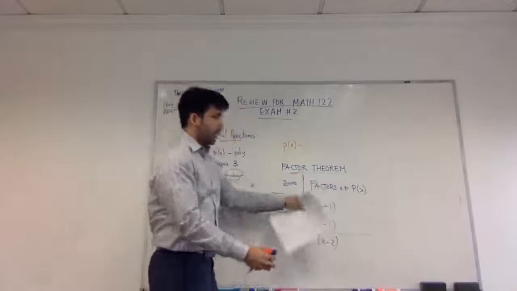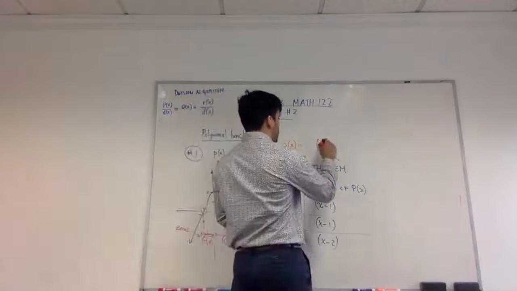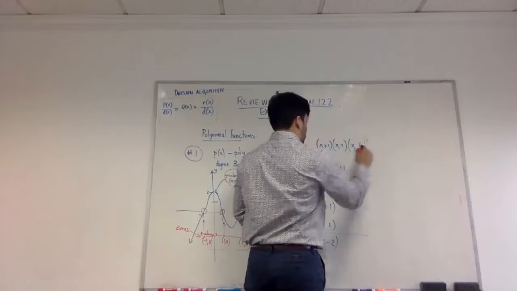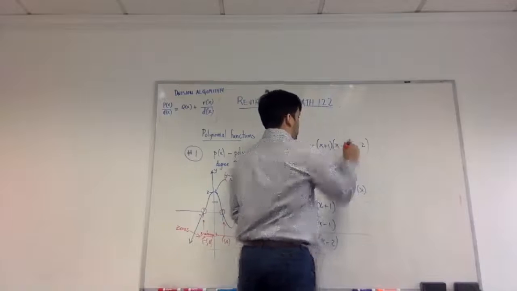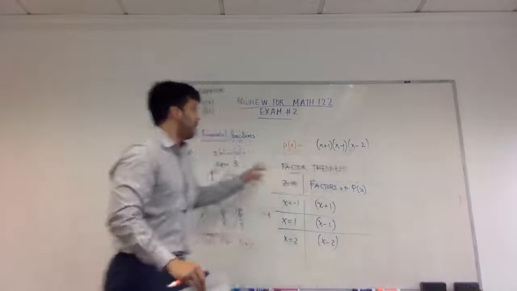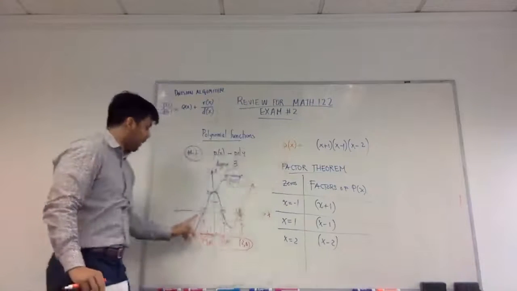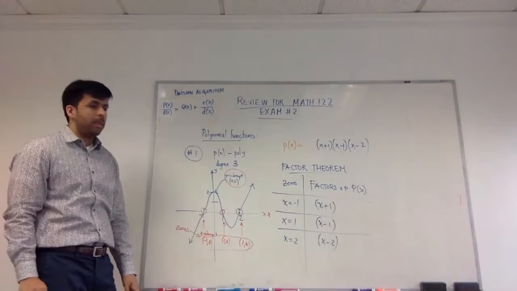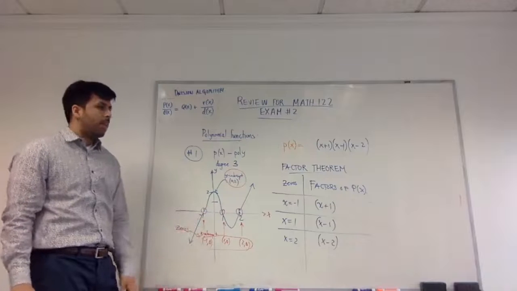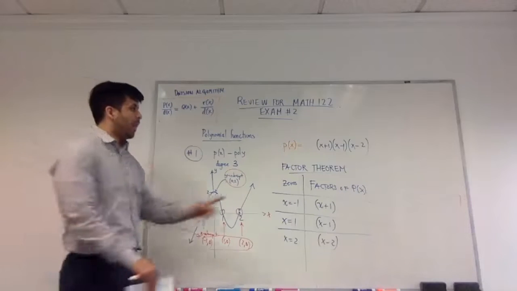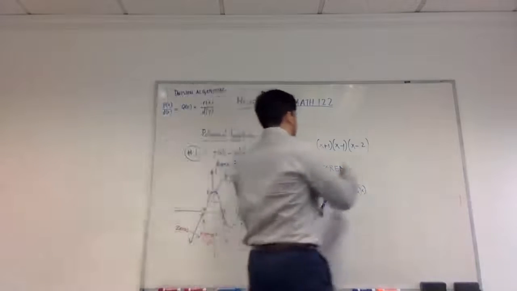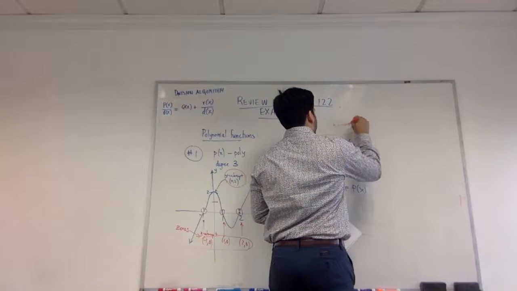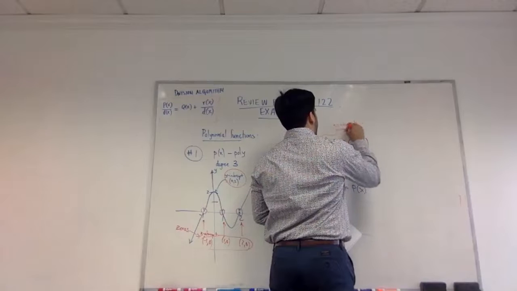So if I multiply these all together, this will give me the polynomial which makes my graph cross the x-axis at these particular points, my zeros, my x-intercepts. But I have to take care of one more thing. So these come from my x-intercepts, using the factor theorem.